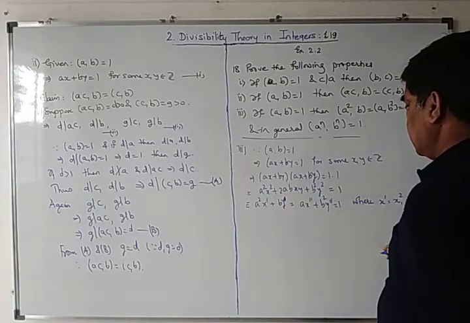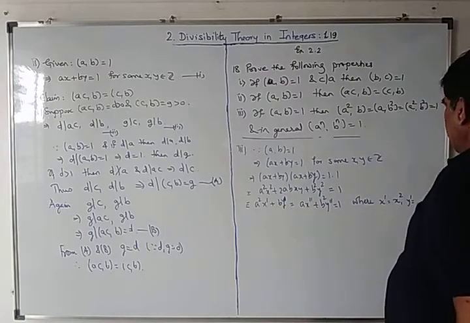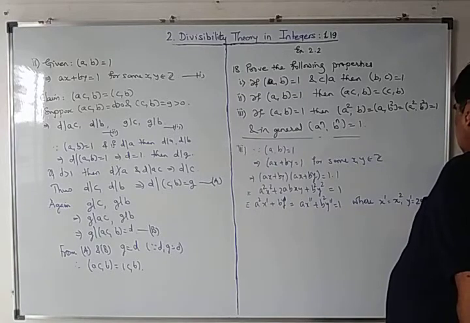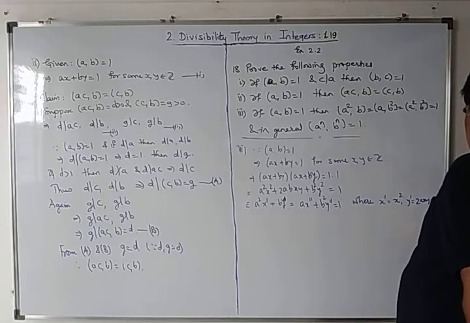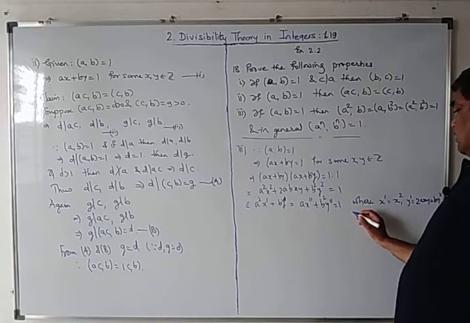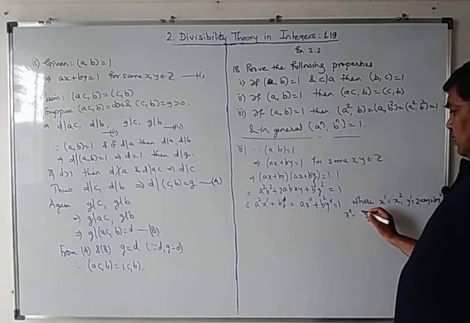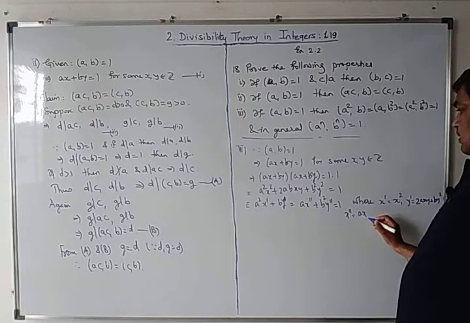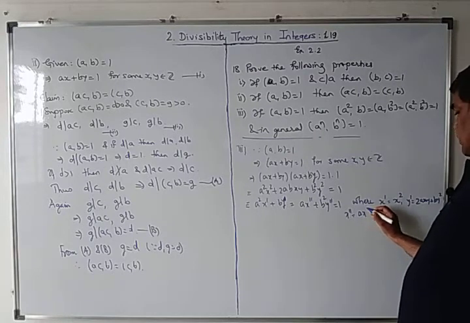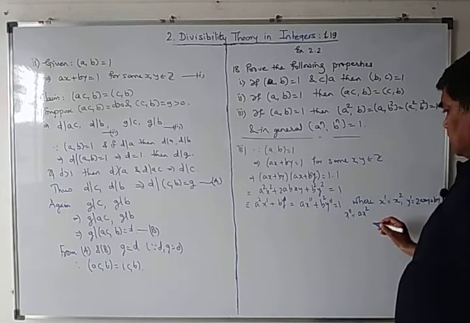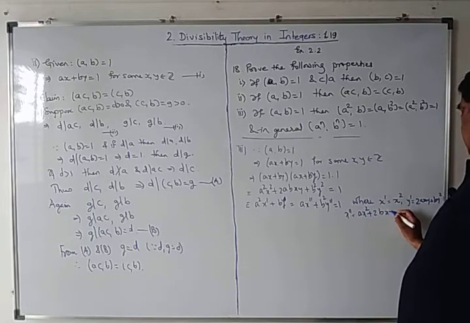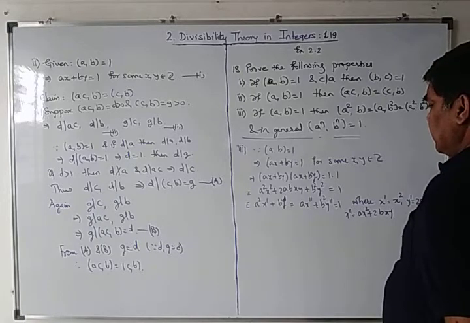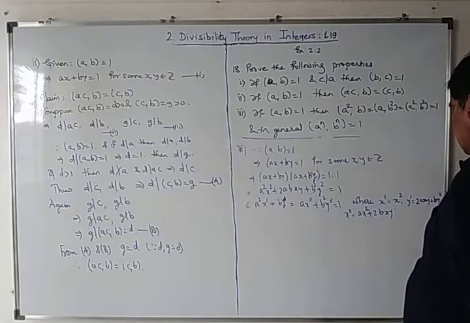B is taken outside, 2Axy plus, I am taking B, so B y square. x double dash is equal to A x square plus 2Bxy.